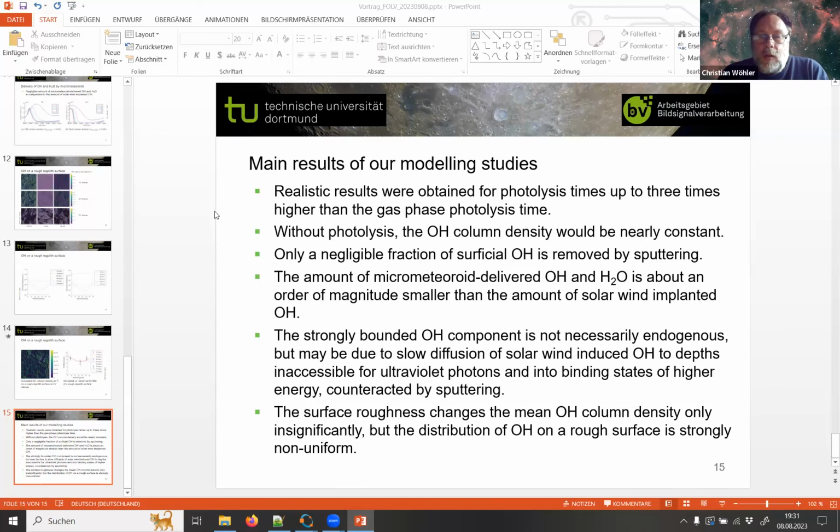The question is how large is the corresponding flux? I have no idea, I must say, if it has a significant fraction of the daylight flux of solar wind protons. If that is the case, one has to take it into account. And if not, then one can more or less safely neglect it. So this is something that would need to be examined. So we have not done it.